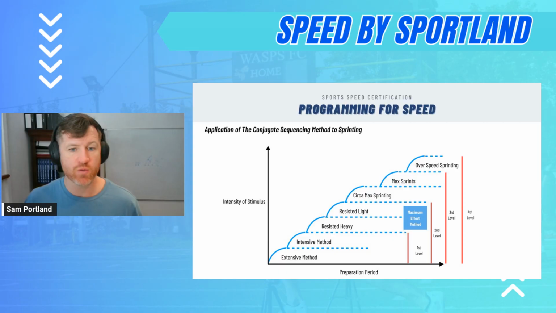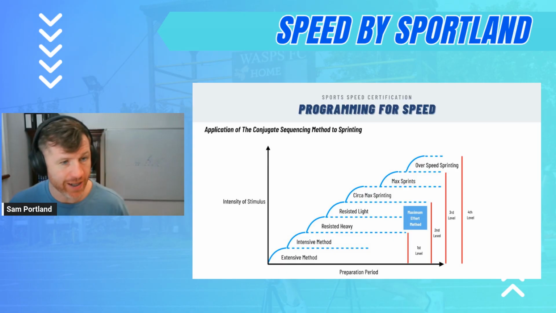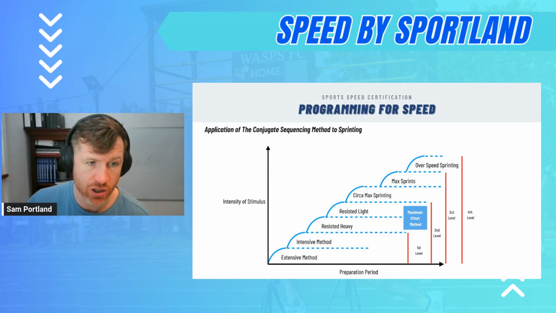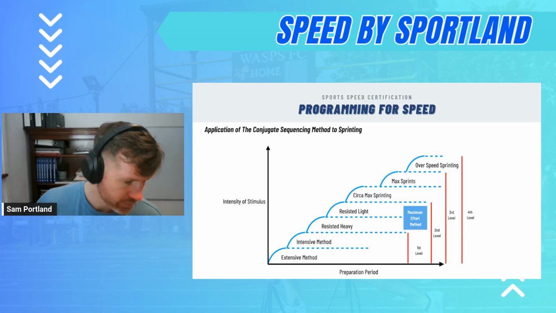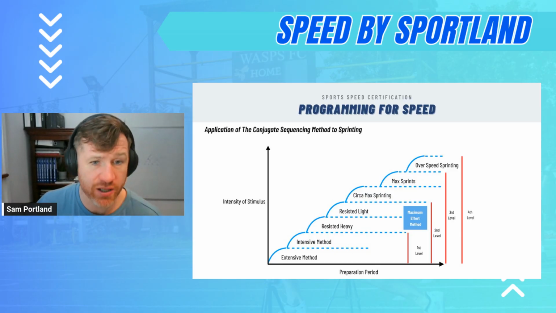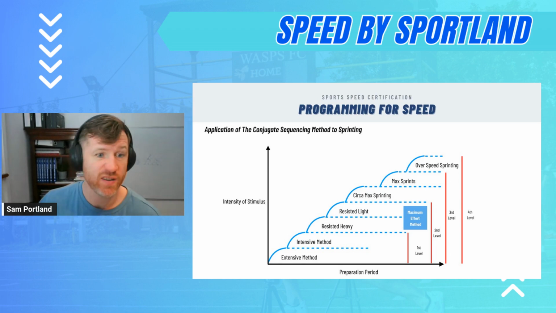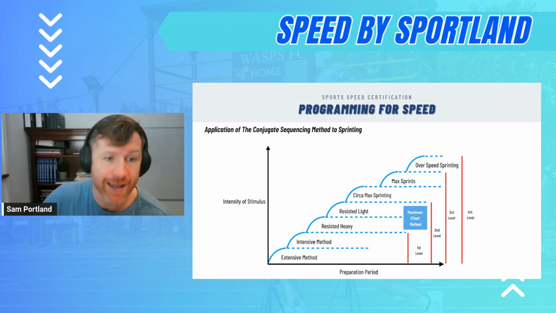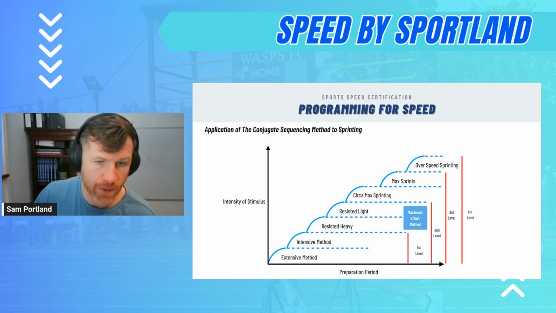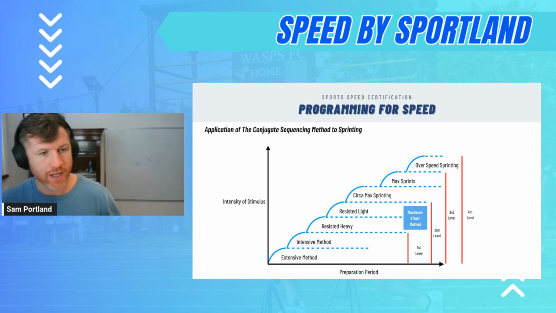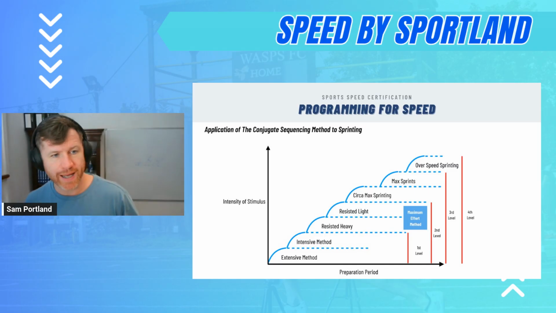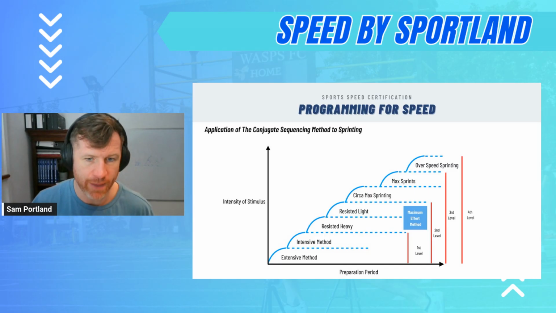All right. And the reason it goes from resisted heavy to resisted light is this: if we're doing 30-meter accelerations, our resisted heavy would be super heavy accelerations, and the light would be 50% load of that. So it's going to be a lot lighter, so we can do it a lot faster. Because remember, the metric that we're chasing is speed, and the way that we create intensity is within that metric.